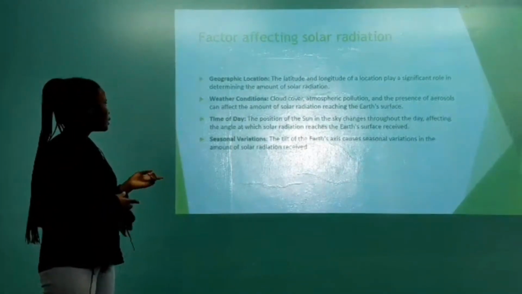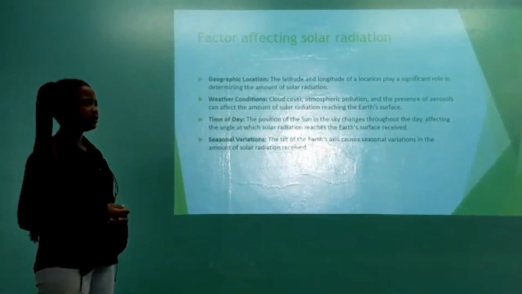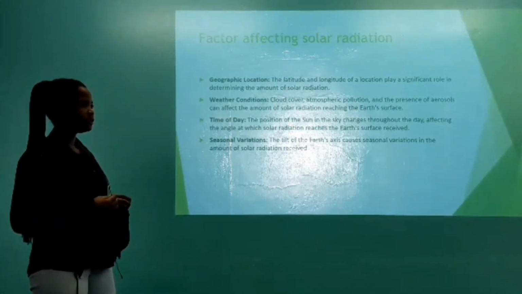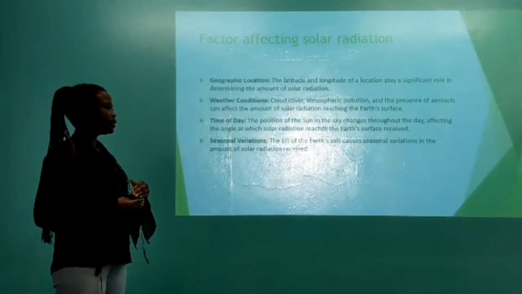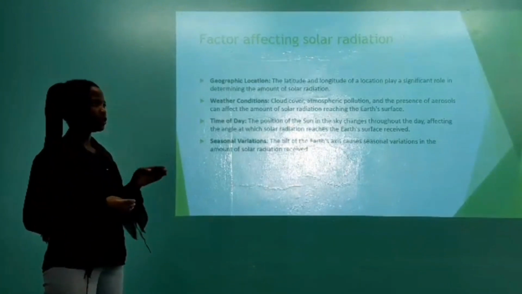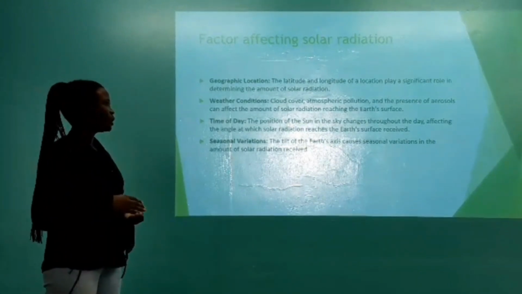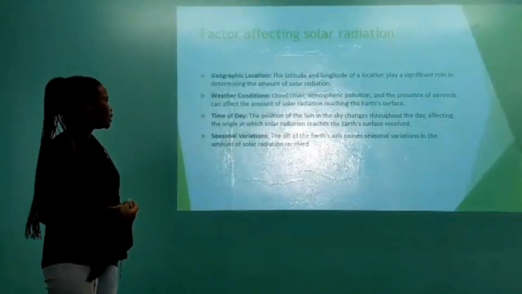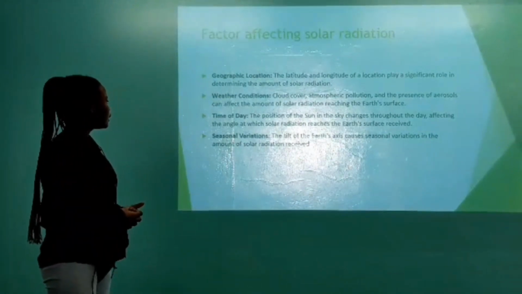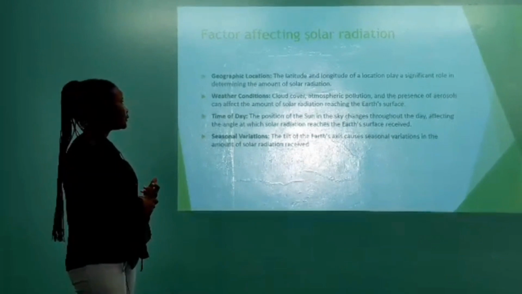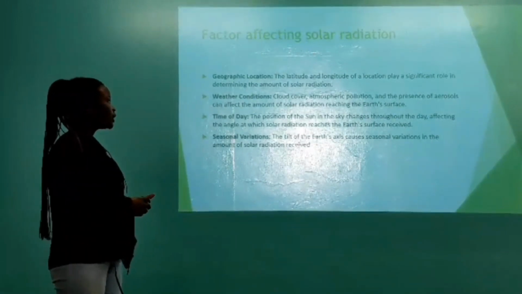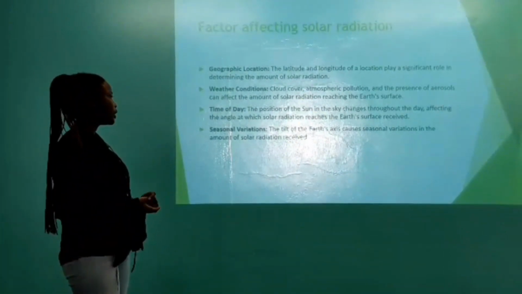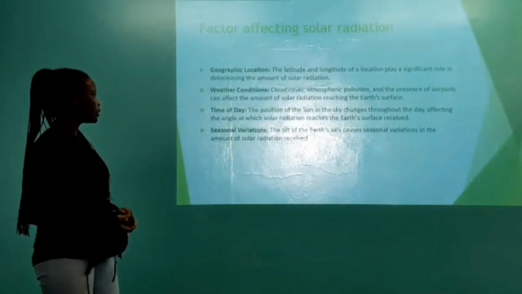At 12 o'clock, we receive more radiation on the surface of the Earth. At 16 o'clock in the afternoon, we receive only small radiation. Another factor is seasonal variation. The tilt of the Earth's axis causes seasonal variation in the amount of solar radiation received.